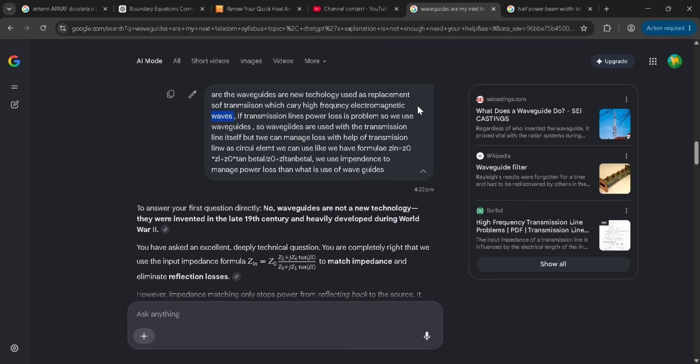But we can manage power loss with the help of circuit elements, because we know that the transmission line has circuit elements.